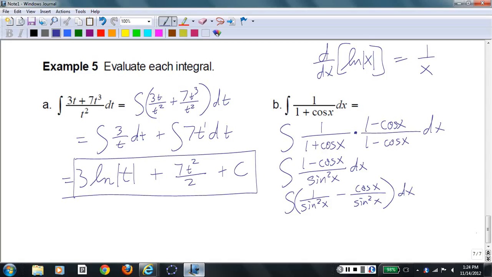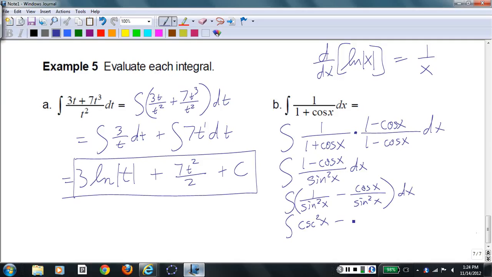If you just ask me, I'm not going to have any idea what we can take the derivative of to get 1 over sine squared x, but I might be able to figure out what we might be able to take the derivative of to come up with cosecant squared x. That looks more like something on our list of derivatives of the half dozen trig functions.